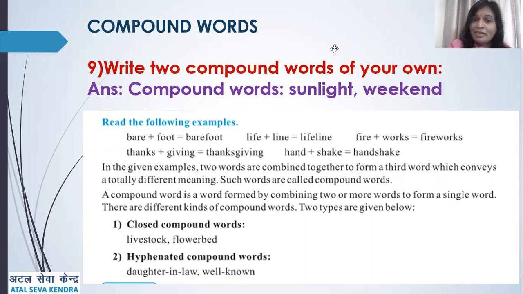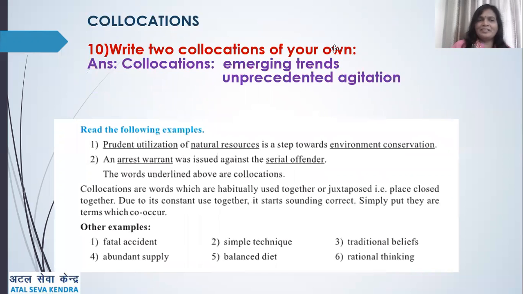You have to see whether the word which you are selecting is formed by combining two independent words to form a single word, and eventually it should convey a totally different meaning altogether. So this again will come with practice. So please, whenever you are reading, try to spot compound words. It helps. Now there are collocations.